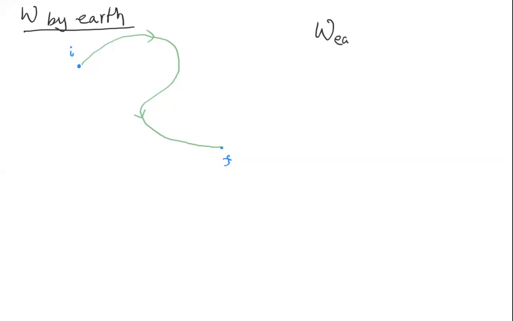Work done by the earth must be the integral of F applied by the earth dot dl from some initial position to some final position. Okay? Now, how do we solve this line integral? What is the way to solve this line integral? Well, the first thing to do is to divide this line integral into infinitesimally small line elements.